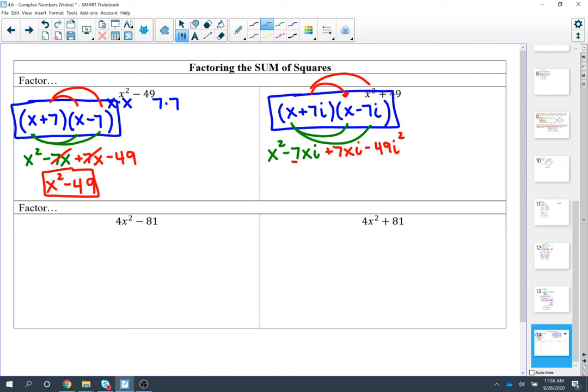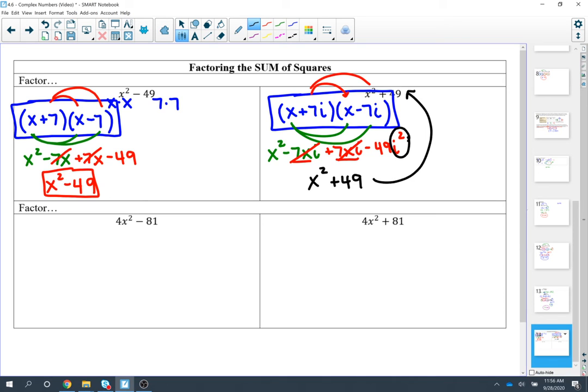Now, negative 7xi, positive 7xi are going to cancel, which is pretty nice. Then I'm going to take a look at my i squared, which we just discussed is really negative 1. And if you take a negative 1 times a negative 49, you get a positive 49. Then I'm going to bring down my x squared, and look at that.